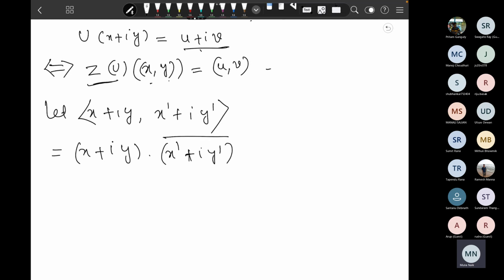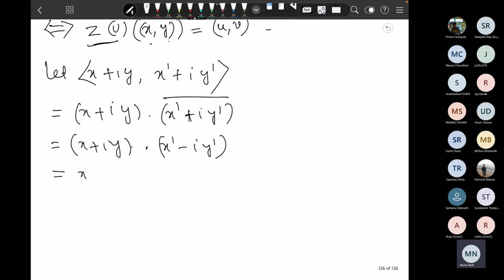So bar, this is x plus iy dot x prime minus i y prime. This is really x dot x prime plus y dot y prime minus i x dot y prime minus y dot x prime.